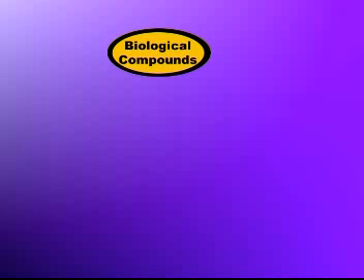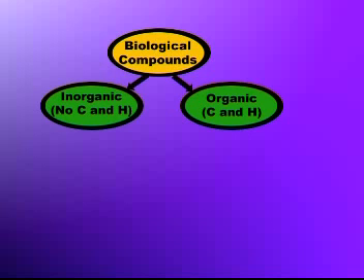Now, in conclusion, let's review the key points of this lesson. Biological compounds are as important to life on Earth as cells are. Biological compounds can be divided into two sections, inorganic and organic.